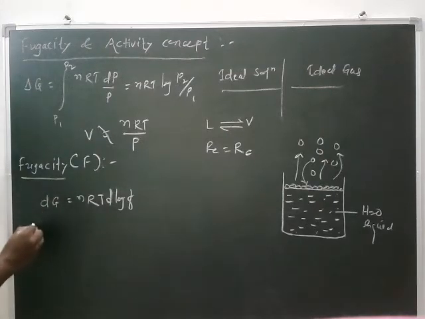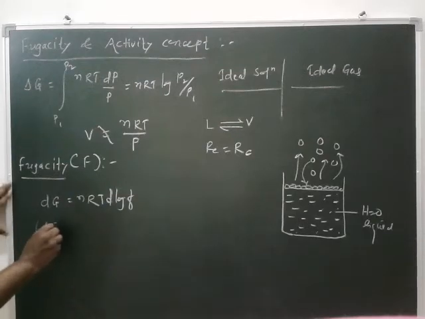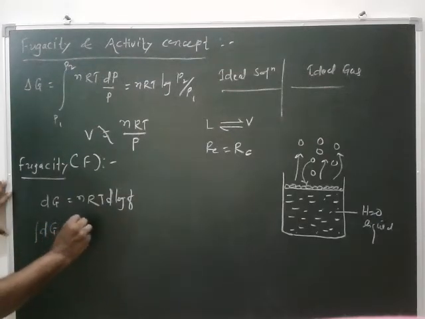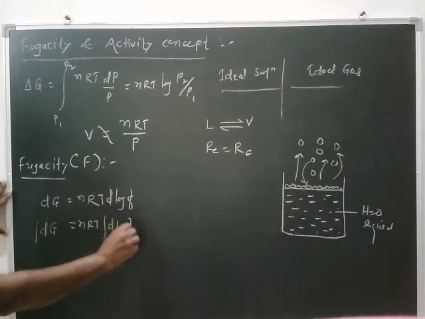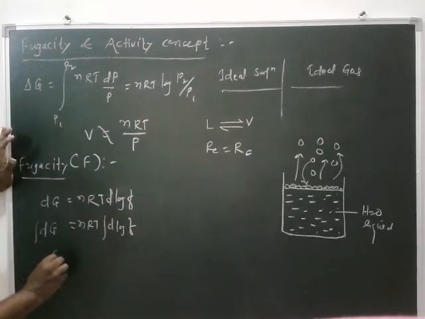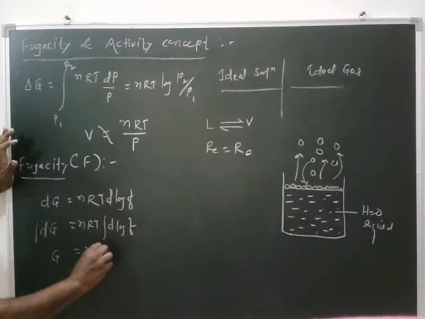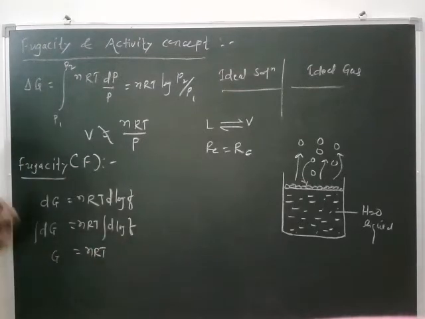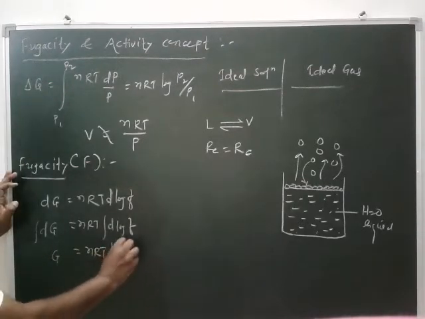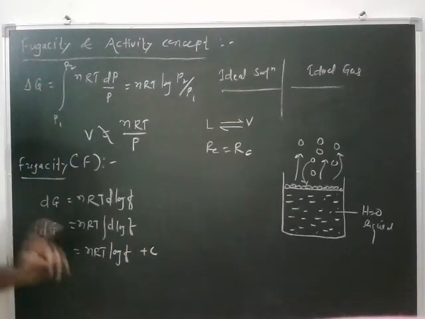If we integrate this equation, the integration of dG is G, and nRT times the integration of d log F gives log F plus C, where C is the constant of integration.